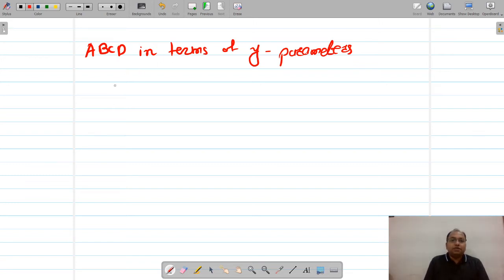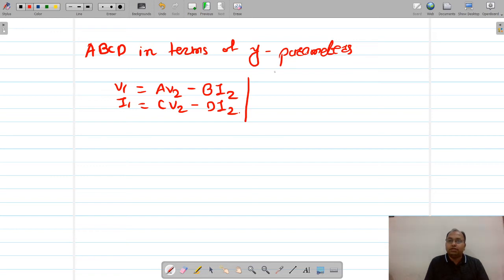Okay, fine. So V1 and I1 are the left hand side terms: V1 is equal to AV2 minus BI2, and I1 is equal to CV2 minus DI2. ABCD parameters are also called transmission line parameters. You might be aware of it.